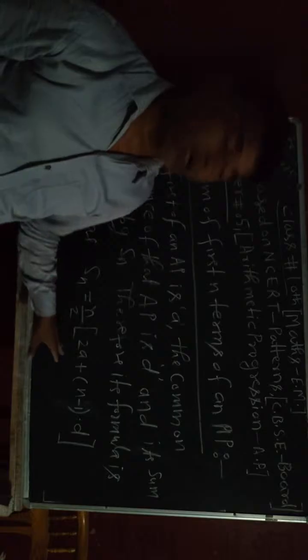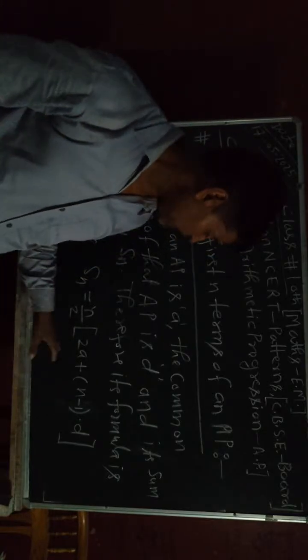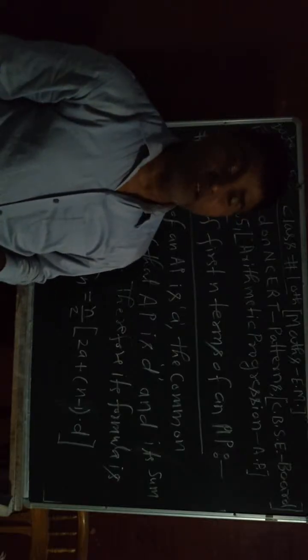Okay student, this is the important formula, and it is going to be used to find the sum of the first n terms of an AP series. So I will use this formula for calculating the sum of that AP series.